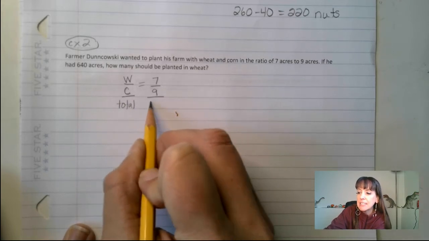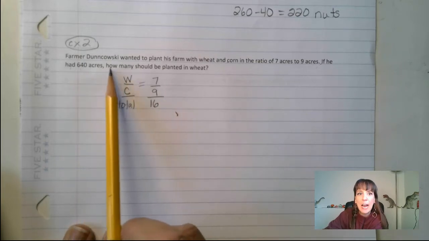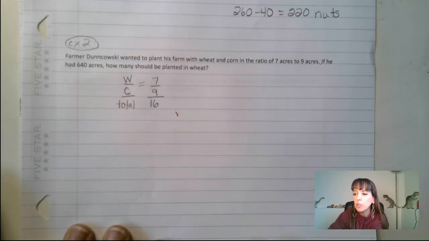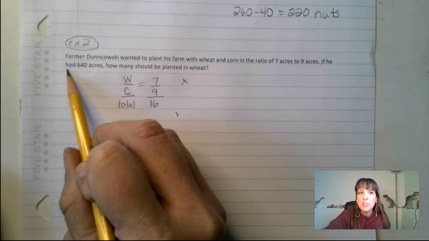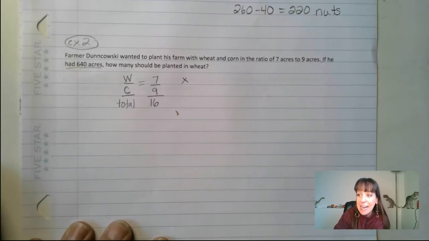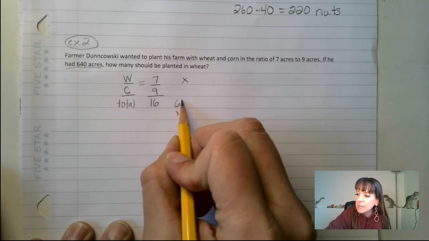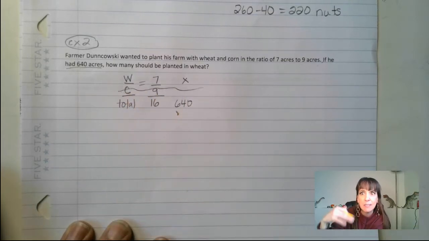That is going to give us 16. If he had 640 acres, how many should be planted in wheat? Well, we know we're looking for wheat right here, so I'm going to put an X here. And then this other information that we're given, 640, that is the total number of acres that he has. So we're going to put that number right down here. So this corn, you don't even need that.